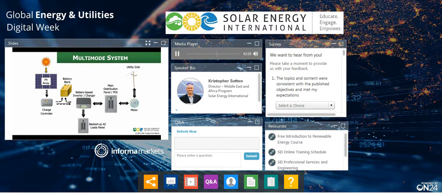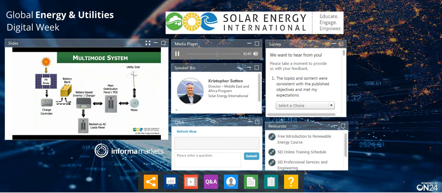And so with this system, you have an internal AC transfer switch in that inverter. So if the utility goes down, the inverter opens a transfer switch and disconnects from the utility. And when it disconnects from the utility, it actually just uses then its battery, its solar, and the inverter to run just the backed up loads.